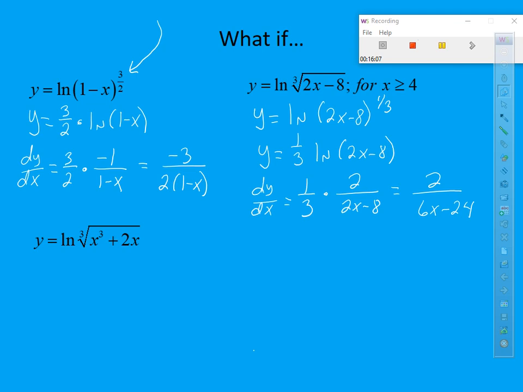But do you see a number that goes into all of them? If you look at each term, looks like a 2 goes into all of them. So here's my final answer. This derivative is going to be 1 over 3x minus 12, or 1 over 3 times x minus 4. Same answer. You can leave it either which way you like.